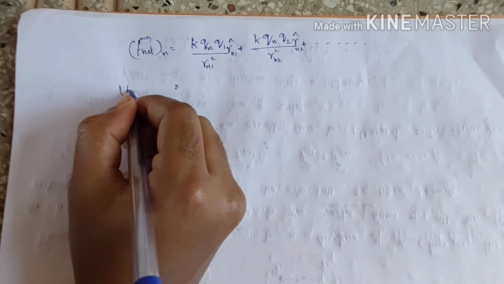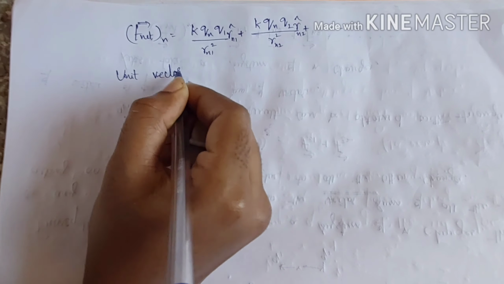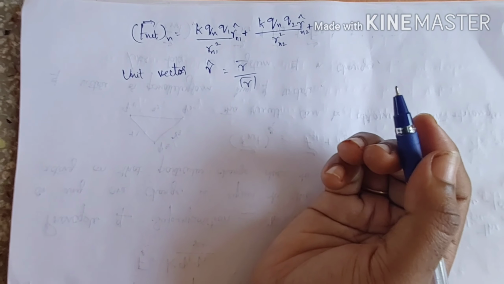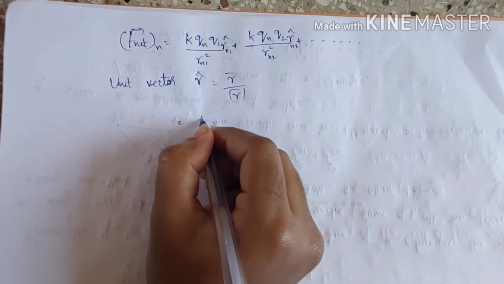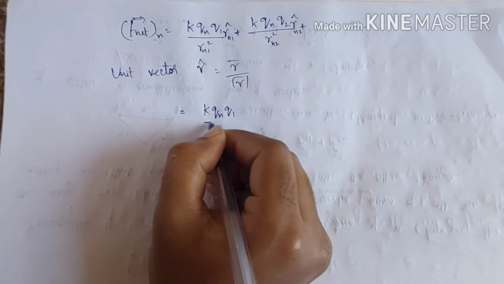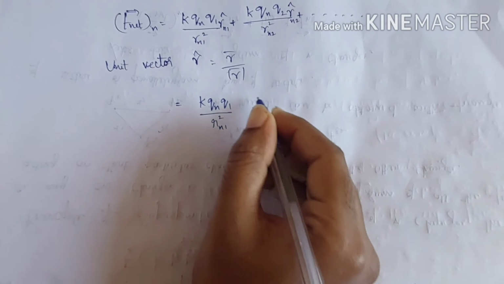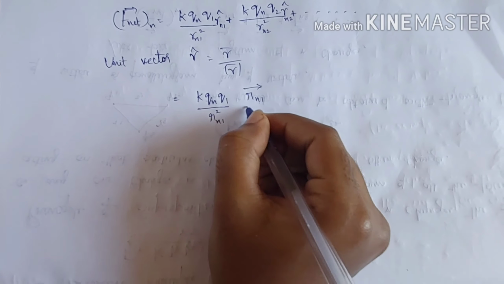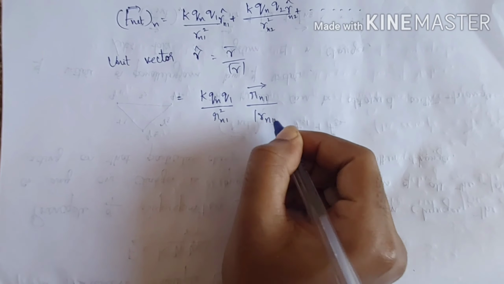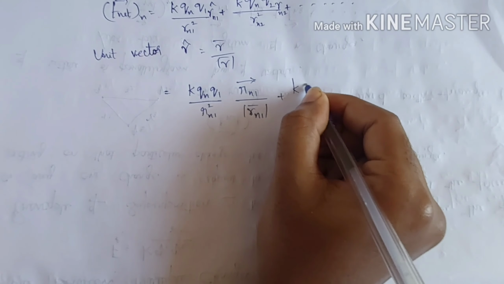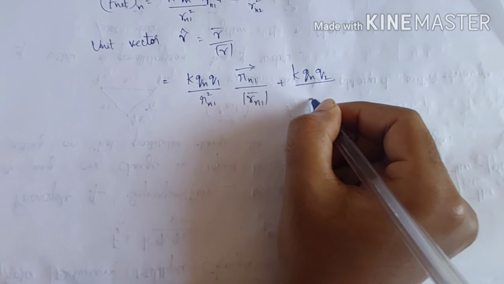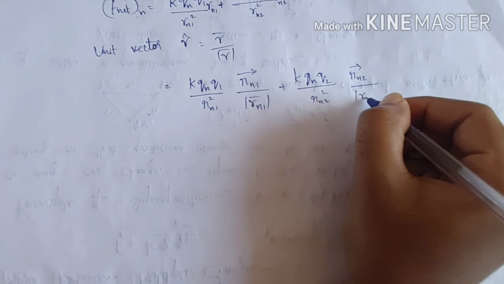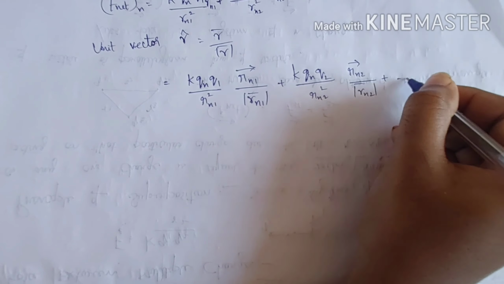You know what a unit vector is, right? The unit vector is given by R cap equals R bar by mod R. So this can be written as K Qn Q1 by Rn1 square times Rn1 bar by mod of Rn1, plus K Qn Q2 by Rn2 square times Rn2 bar by mod of Rn2, plus and so on.